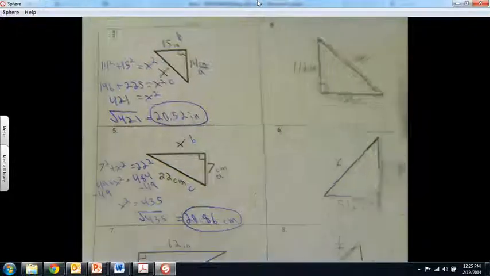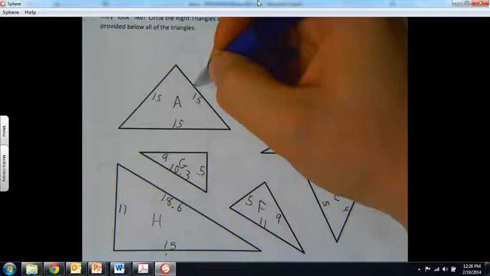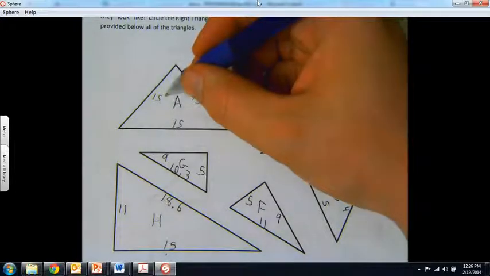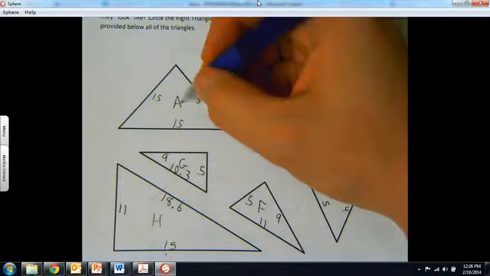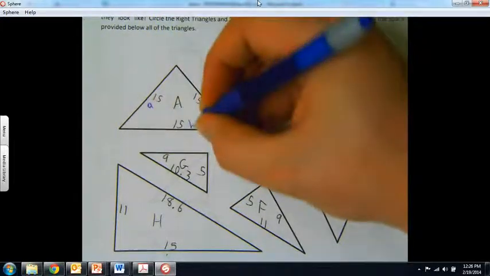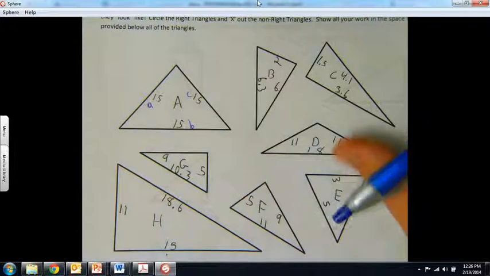All right. On the back, we are practicing the reverse of the Pythagorean theorem, which means we are going to try a squared plus b squared equals c squared and see if it actually works. So let's try it on a right here. Now, this one looks a little bit different because we don't have a short, medium, and long. All sides are the same length. So I'm going to use A, B, C. I'm going to do my work down here.